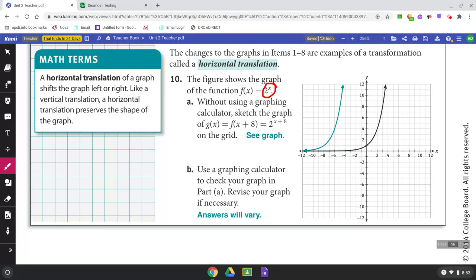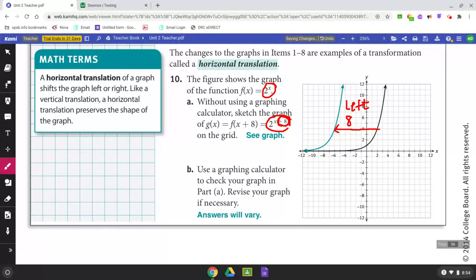Here we have 2 to the x power plus 8. We have plus 8 within the function, okay? It's not outside of the function, which means that we're going to go to the left 8 units. We're going to move to the left 2, 4, 6, 8 units.